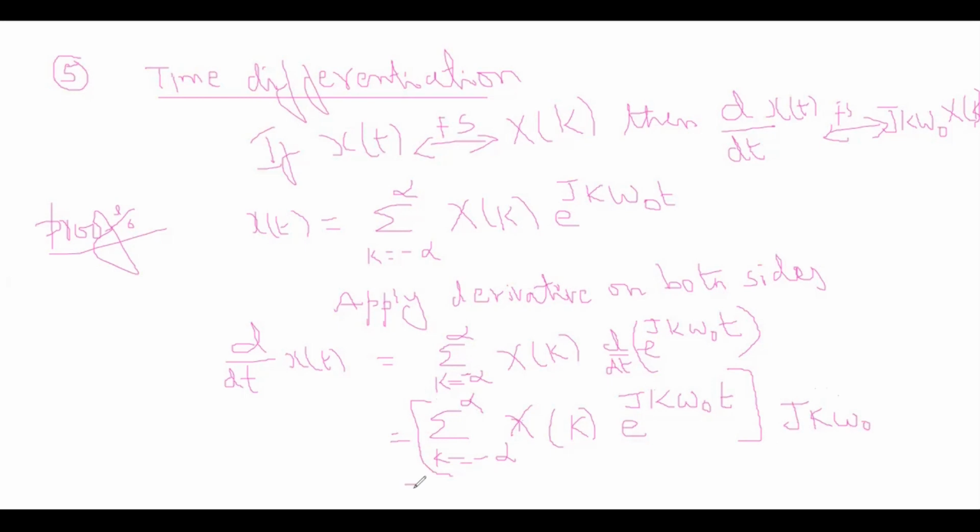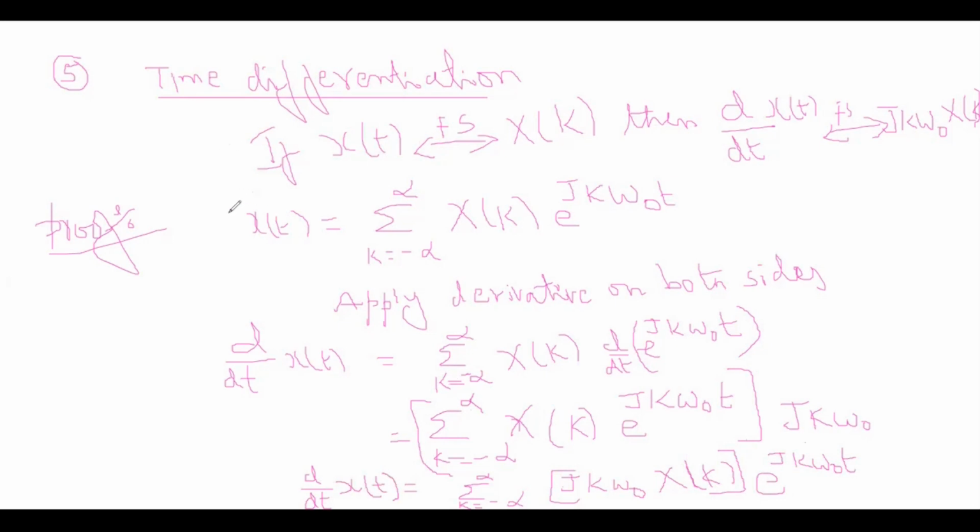I am rewriting this as the sum of k equal to minus infinity to infinity of j k omega naught x of k, taken as a single term, multiplied with e power j k omega naught t. What is this equal to on the left hand side? The d by dt of x of t.